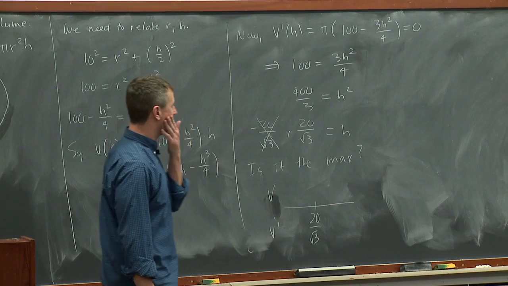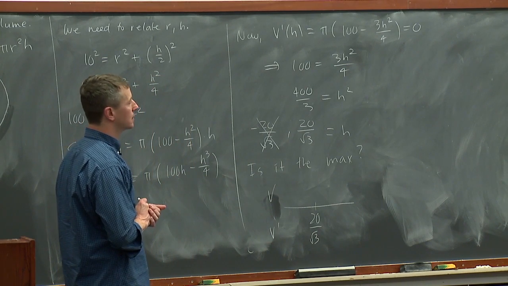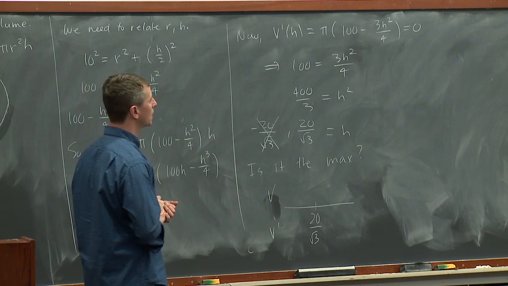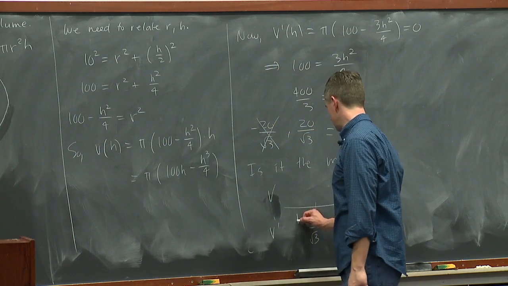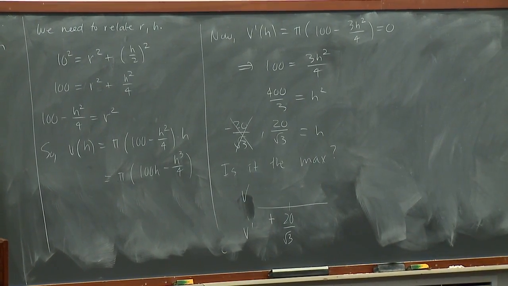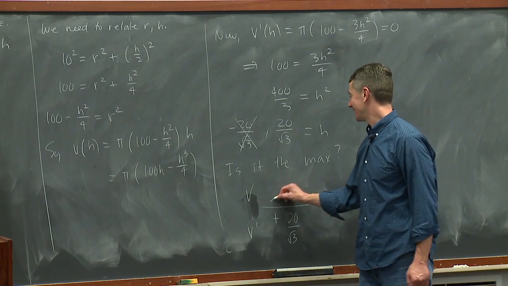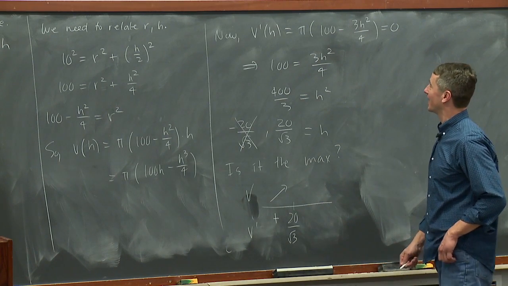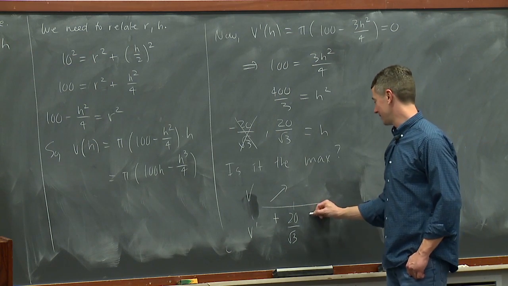So now I can pick a number on the left, like 0. I'm plugging into what? V or V prime? V prime. So when I plug 0 into this, I get a positive. Is that good or bad? Well, I guess it's neither good nor bad. But if we're hoping that this is going to be the max, is that good? That's good. And if I pick a number bigger than this, like say just 20, I plug in, I get a negative.